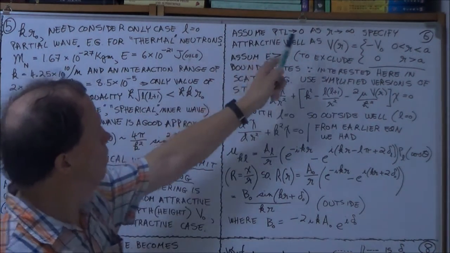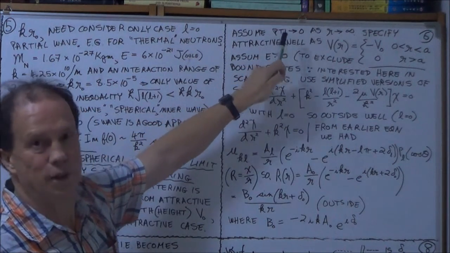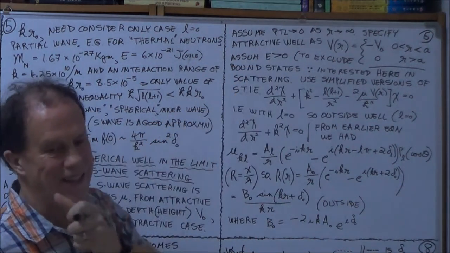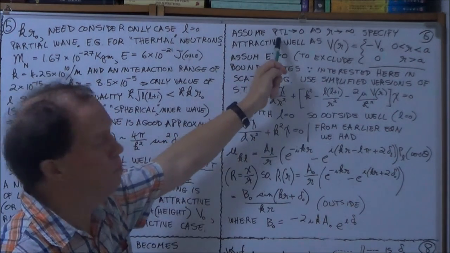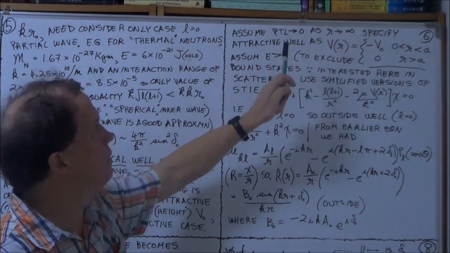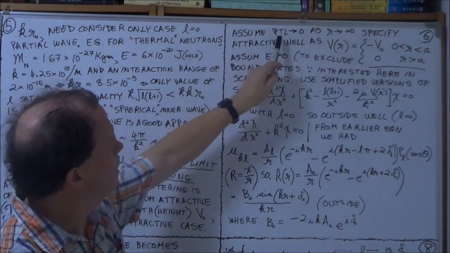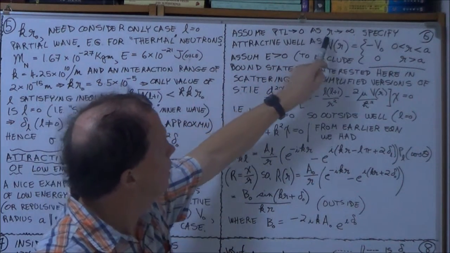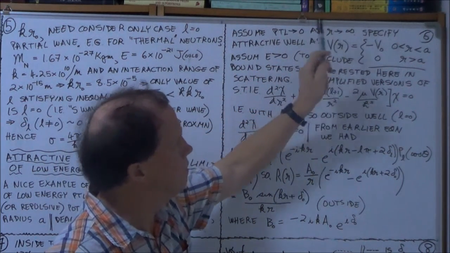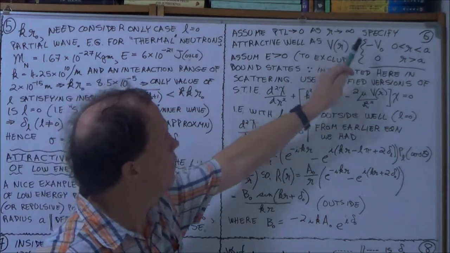Be careful. I've been using this PTL sometimes as potential, an abbreviation for potential, sometimes as particle. So don't be confused. In this case, assume the potential goes to 0 as your distance away from the target scattering source goes to infinity.